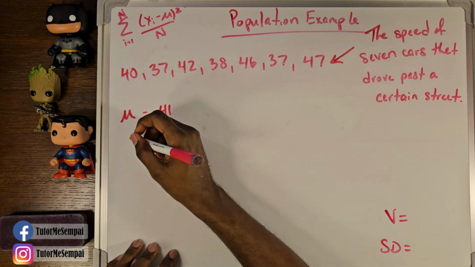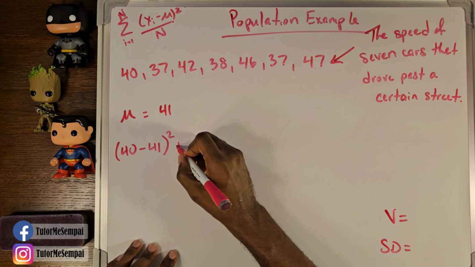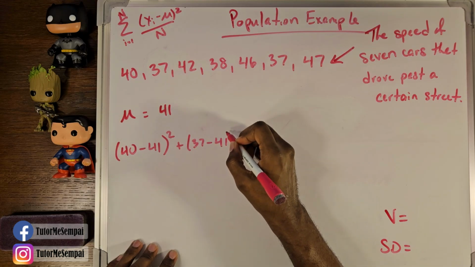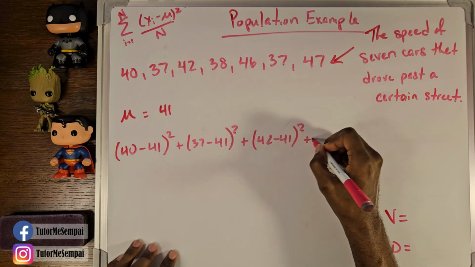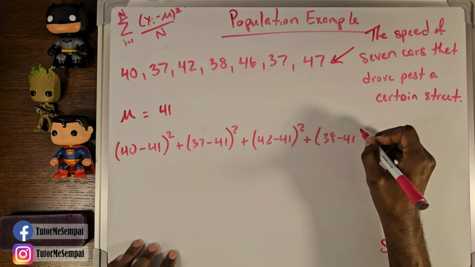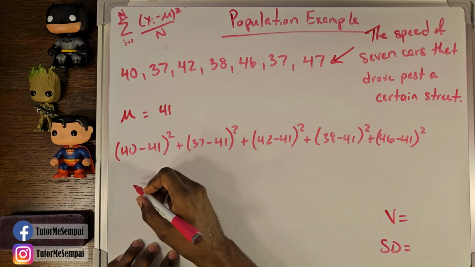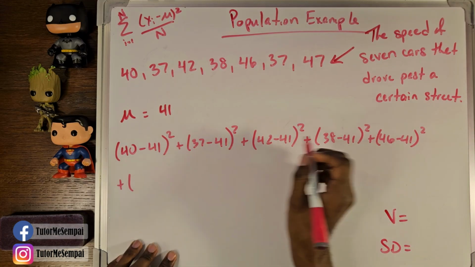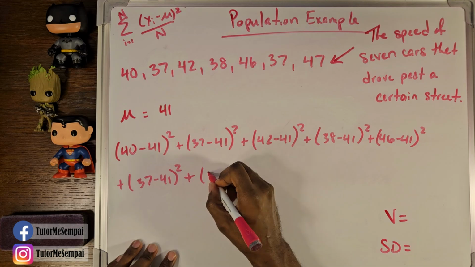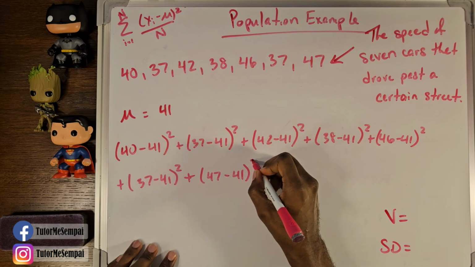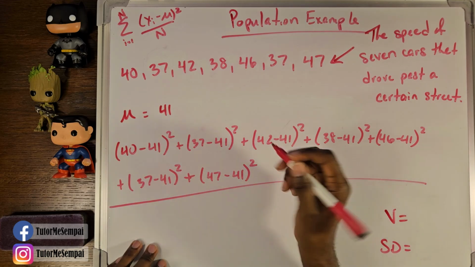So now we have (40 minus 41) squared plus (37 minus 41) squared plus (42 minus 41) squared plus (38 minus 41) squared plus (46 minus 41) squared plus (37 minus 41) squared plus (47 minus 41) squared. And all of that is going to be over what?